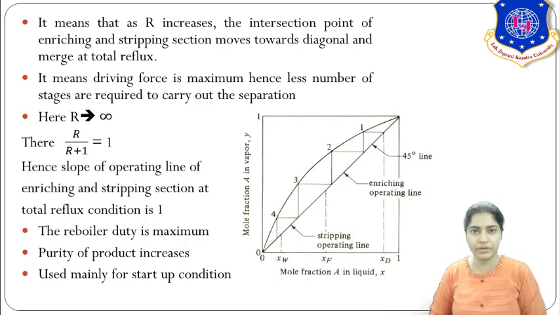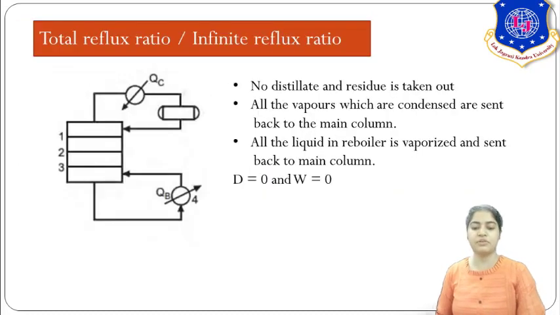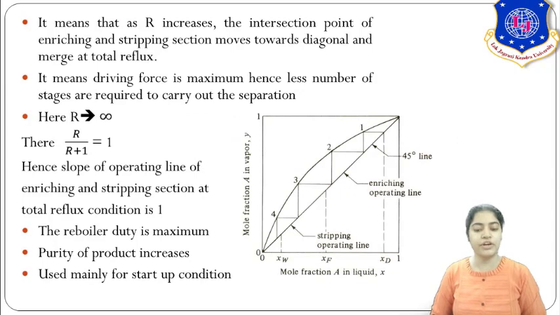Some of the important points for this reflux: the reboiler duty is maximum here, because you have to reboil all of your liquid into vapor, hence there is more load on your reboiler. The second is that purity of product increases. When you increase your reflux ratio, you create more possibility of transfer between liquid and vapor, and more of the more volatile component can be taken out from the liquid.